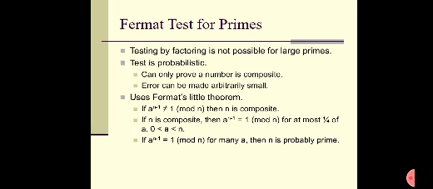If n is composite, then a to the power n minus 1 equals 1 mod n for at most 1/4 of a, where a belongs to the open interval 0, n.